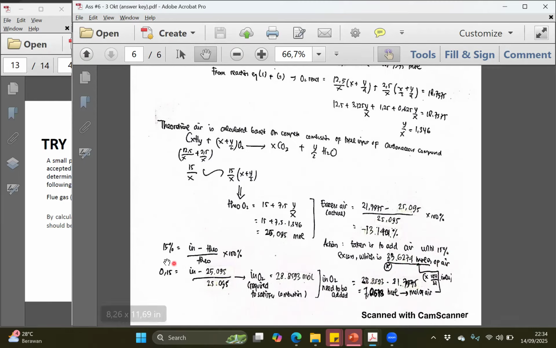I use this equation equal to 15%, and this is the theoretical. So I get that the input oxygen that should be supplied to the furnace is 28.8593 moles, while we only provide 21.8. So we should add another 7 moles of oxygen, or 33.6 moles of air. We should add that much air.